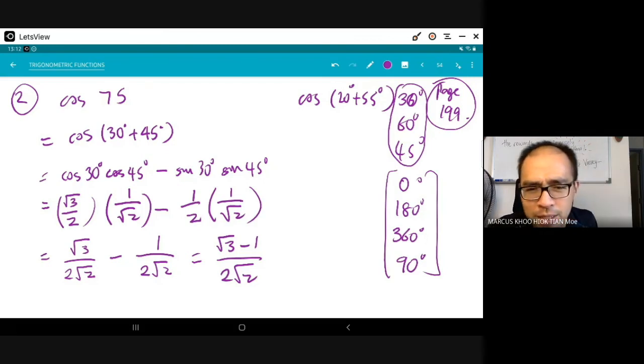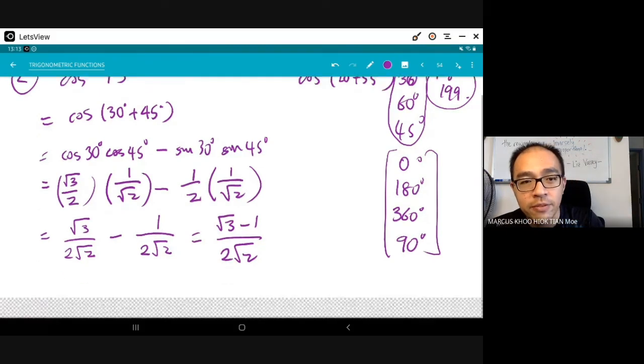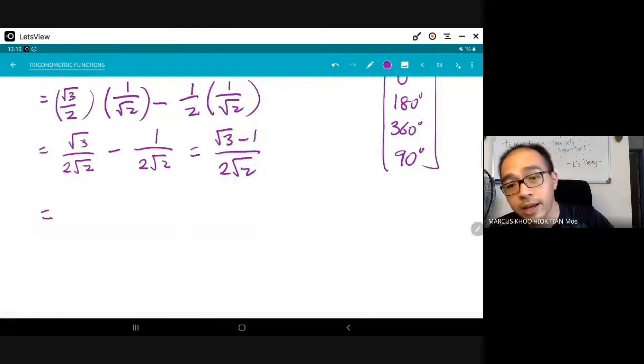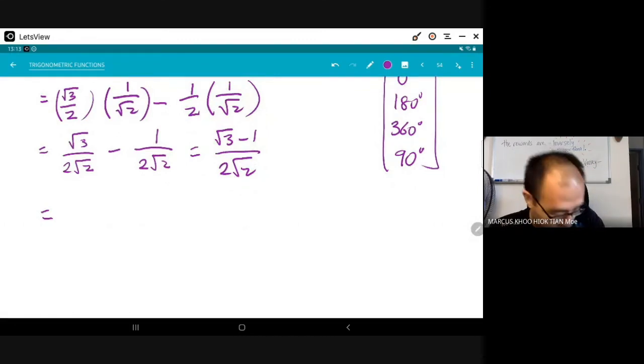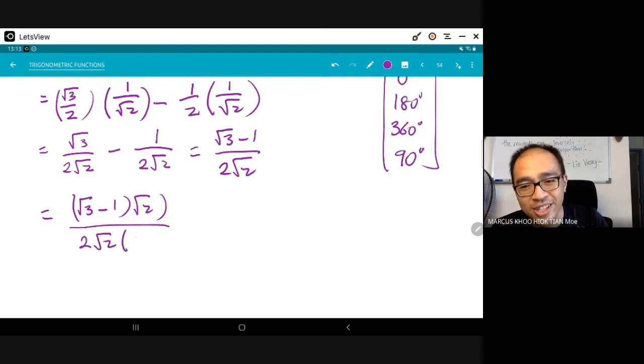Do you remember when we studied this last year at the end of Form 4, before we entered this chapter? Okay, fine, we have to simplify this. How do we simplify? We multiply everything by root of 2. So root 3 minus 1 times root 2 over 2 root 2 times root 2.